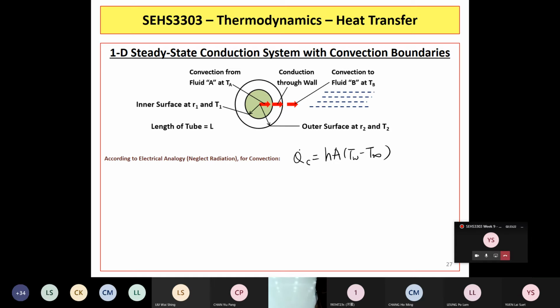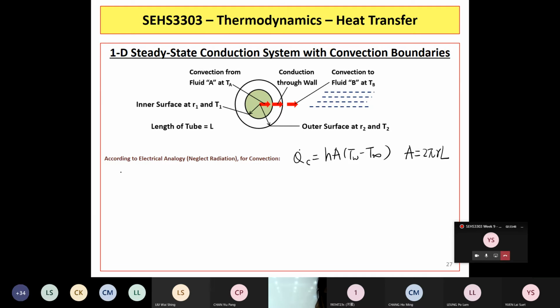But here you should pay attention. The area is no longer constant. The area is changing. It should be 2 pi r times L. This is a normal area. It is changing. It is no longer constant.